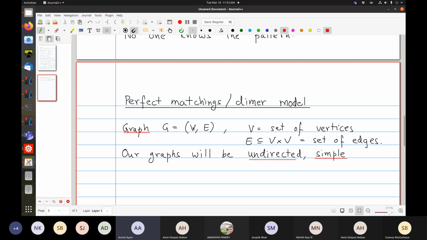Undirected means if i and j are vertices, if ij belongs to E, then so does ji. That's why it's a subset. And simple means you have neither multiple edges between pairs of vertices, nor do you have edges linking a vertex to itself. Okay, so this is the problem with graphs. If you want to define them really carefully, it's a mouthful.